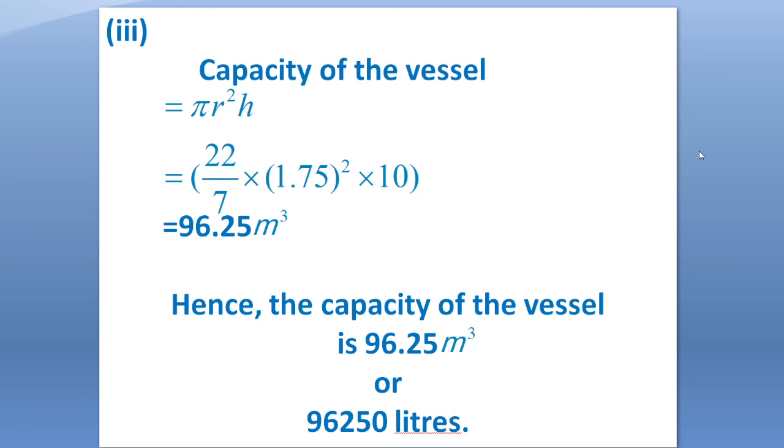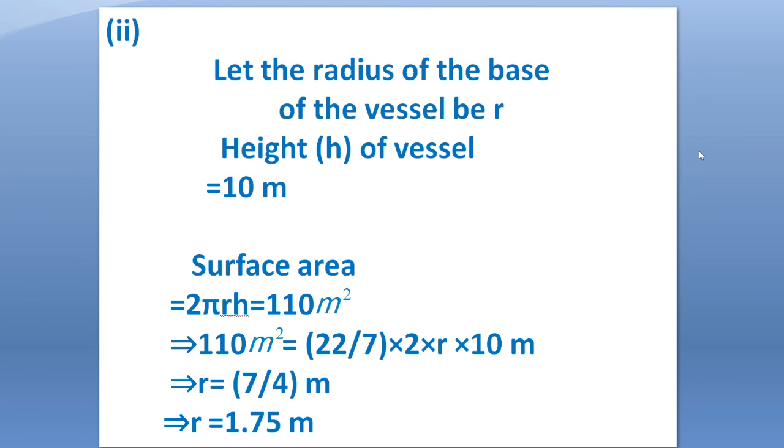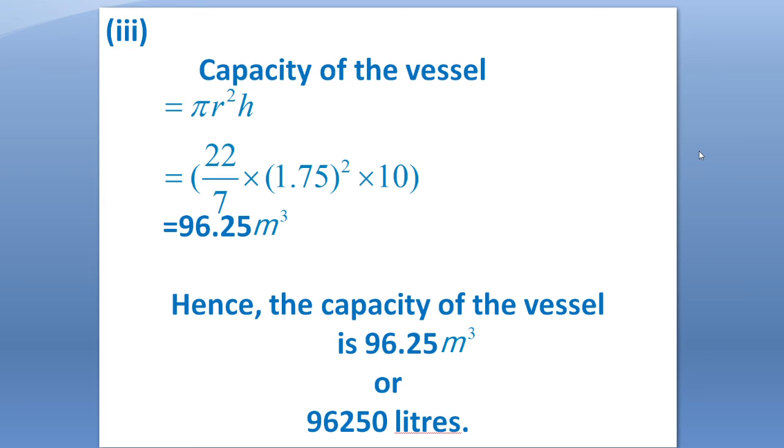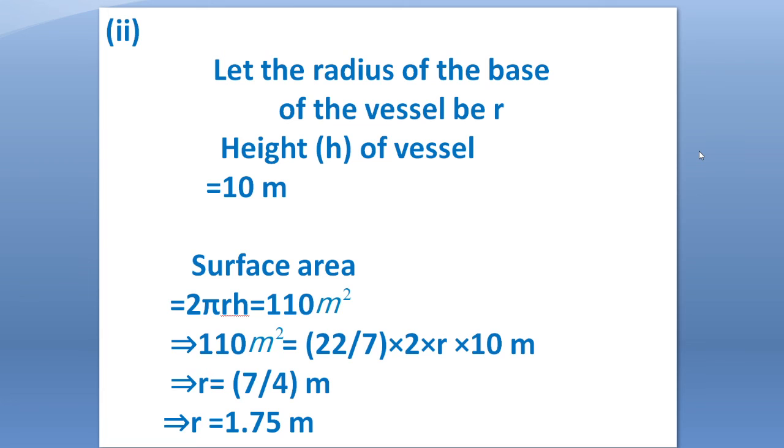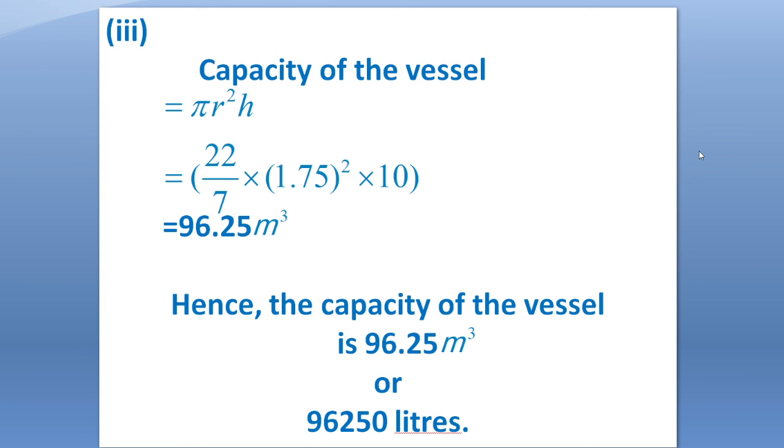Now third, so here we have found out r. Capacity of vessel is equal to pi r square h. Pi is 22 by 7, r is 1.75. So 1.75 square into 10 is equal to 96.25 meter cube.